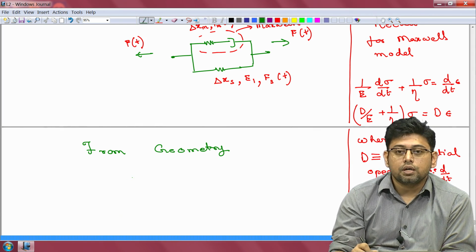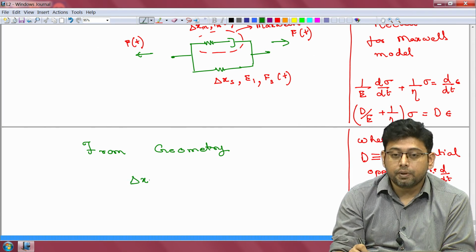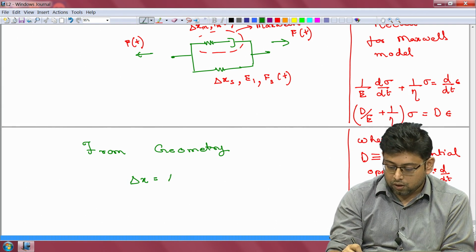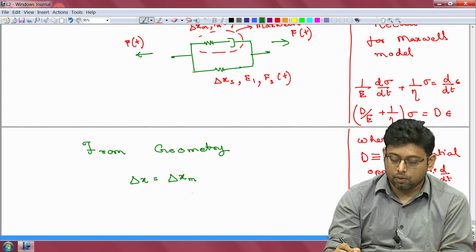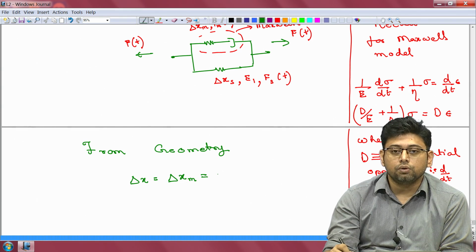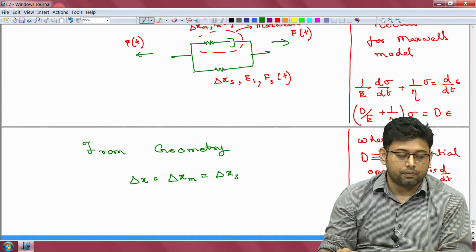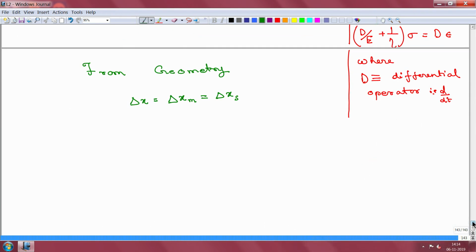So, if we denote the displacement of the system as delta x, then that displacement is equal to the displacement that is suffered by the Maxwell model, or we can say delta x m, because that is what we are using for the Maxwell model, and that is also equal to the displacement that is encountered by the spring, right.